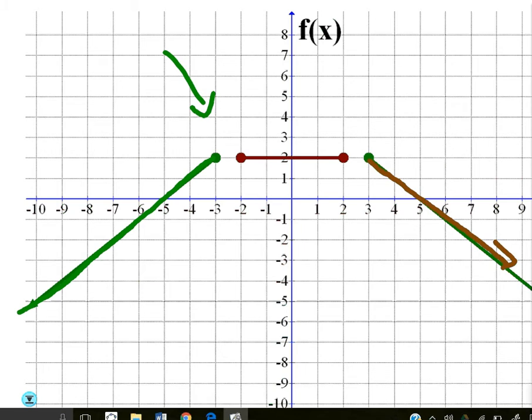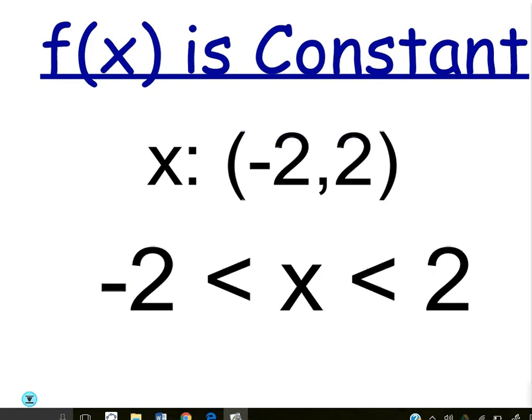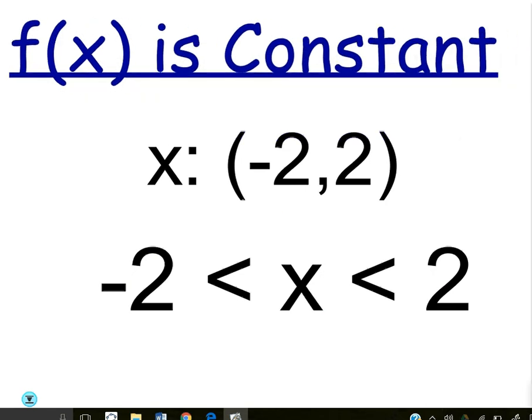But yeah, it goes down from 3 to infinity. Again, no bracket around 3. Okay, so that middle line is where it's constant. Sometimes you will have a bracket for constant, and I'll talk about that in a little bit.